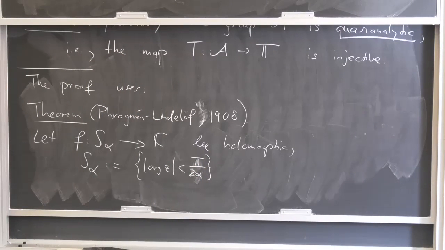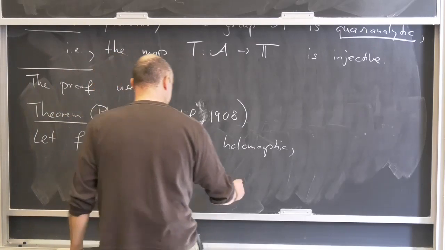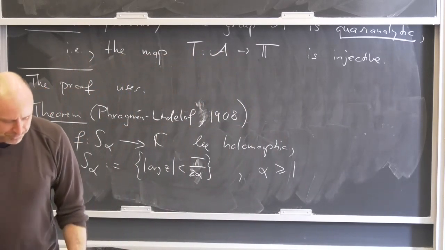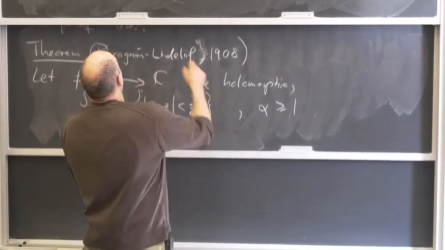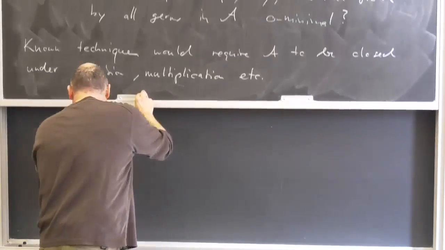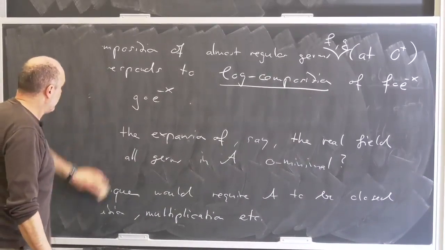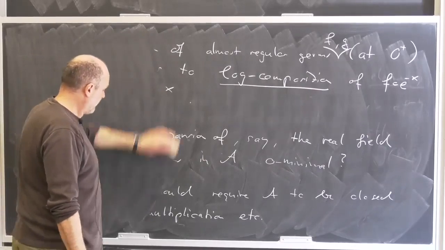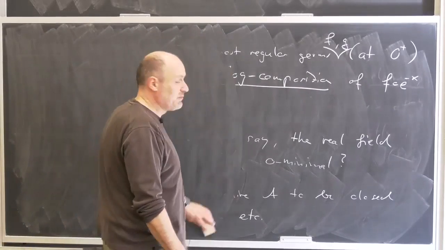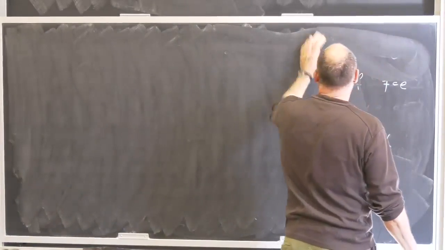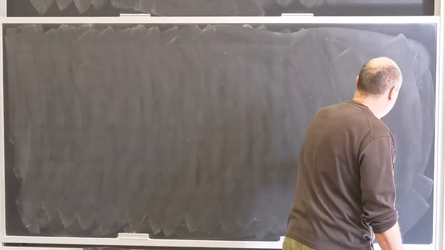For alpha equal to 1, I exactly get the right half plane. So any smaller sector. So for such a holomorphic map, let's make a couple of assumptions. This Phragmén-Lindelöf principle is a generalization of the maximum modulus principle, which only holds on bounded domains. Here we are talking about these sectors which are unbounded domains.